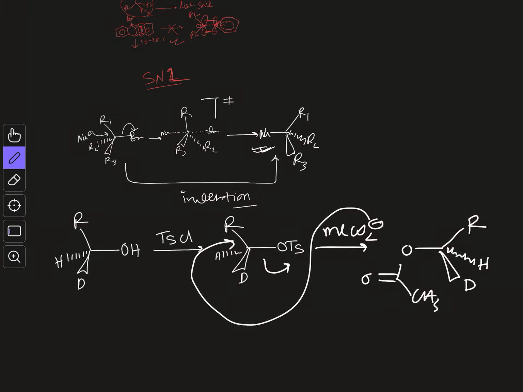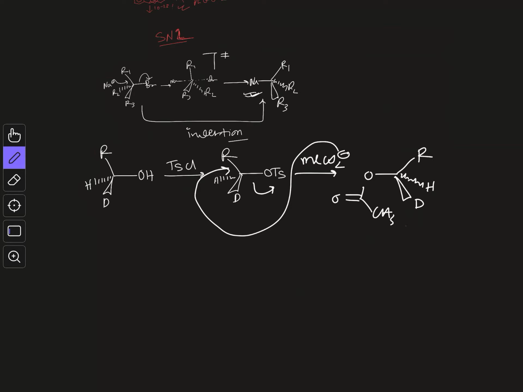So now if you hydrolyze this one with, let's say, base, but you have to use some condition which does not clip this bond, hydrolysis will clip this particular bond and you will get alcohol.